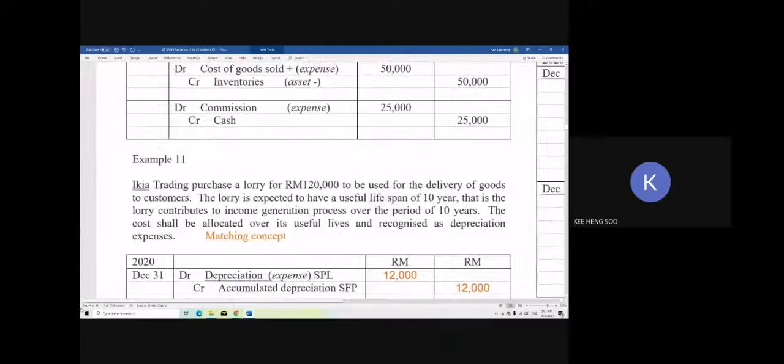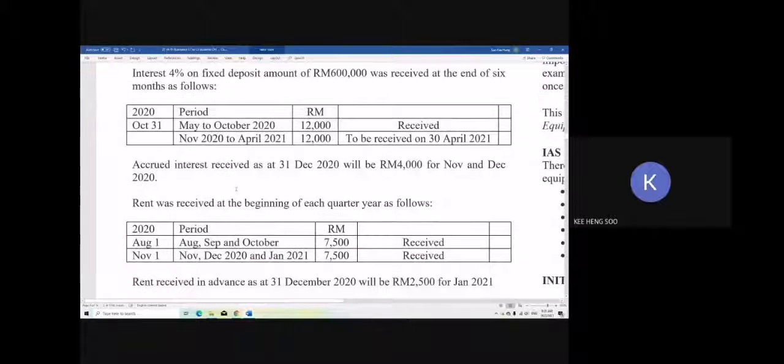Example 13. You only received 12 and 12, so the rest is to be received on the 30th April. You can find that the accrued will again be November and December. But this time, accrued is an asset, so I put green color. This one, accrued income, is an asset.